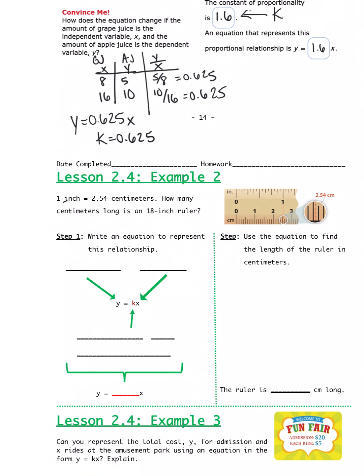So our inches is going to be our x, and our centimeters is going to be our y. And our k is going to be our constant of proportionality.